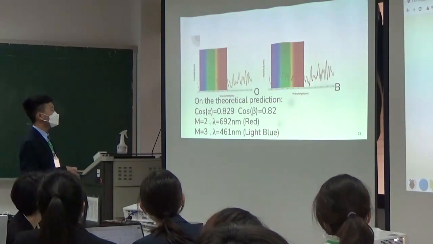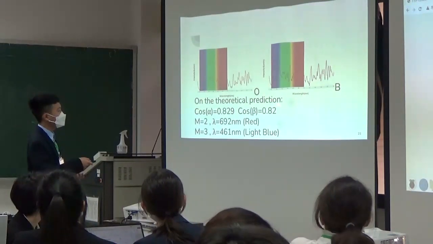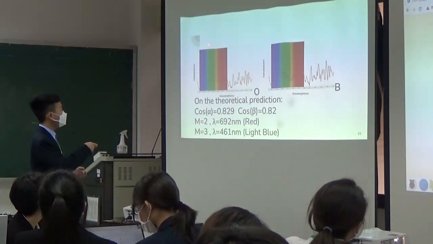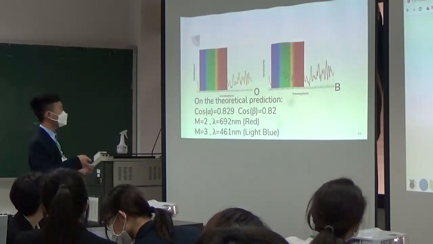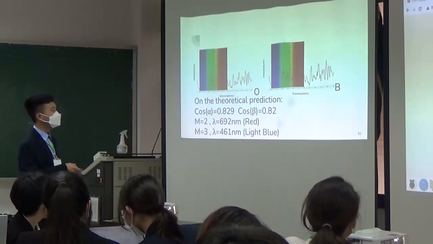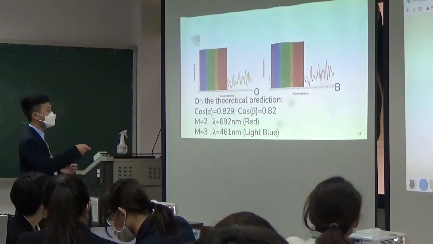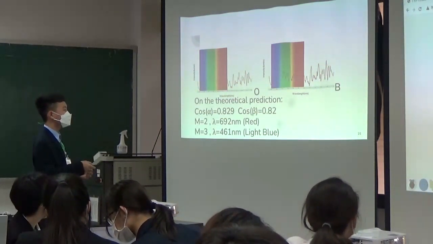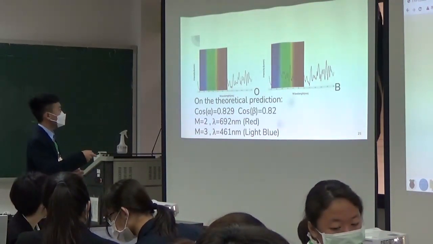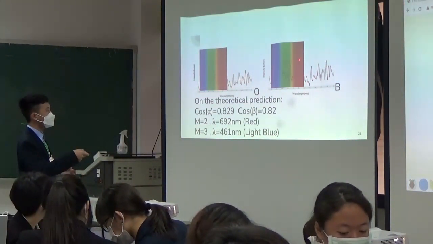This is the second graph we get. The main peak still looks the same, but there is a light blue peak here, about 460 nanometers as measured, and a red peak here.